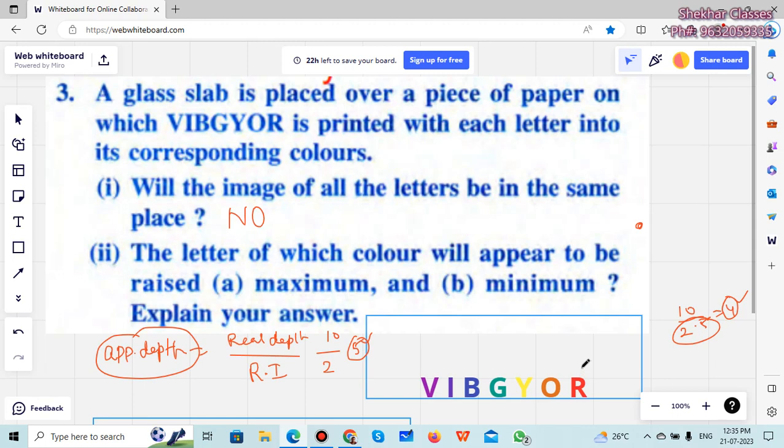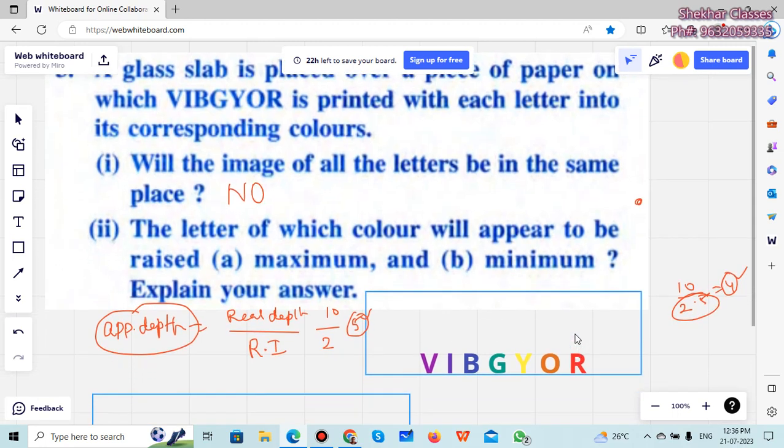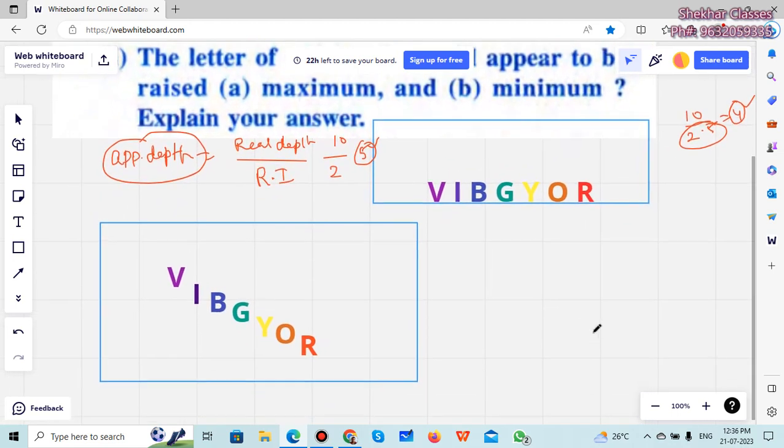So which one will show you the biggest shift? The violet will show you the biggest shift, red will show you the least shift. For that, I have drawn a figure here. You can see the one which bends the most, whose refractive index is more, will look raised more.